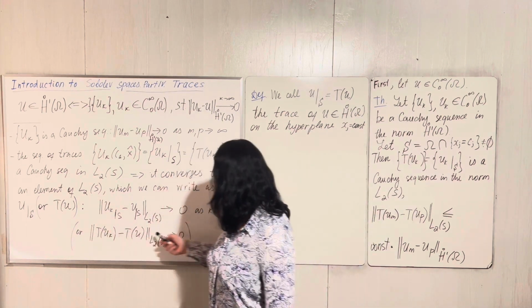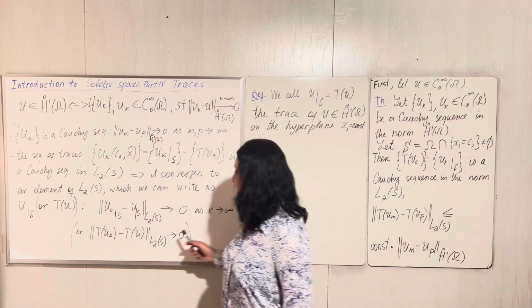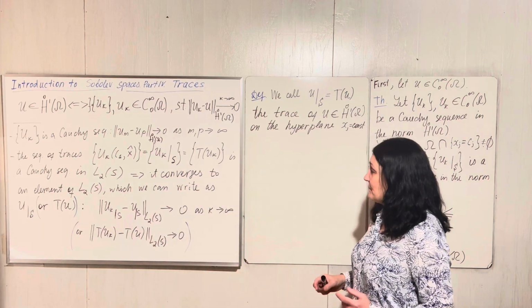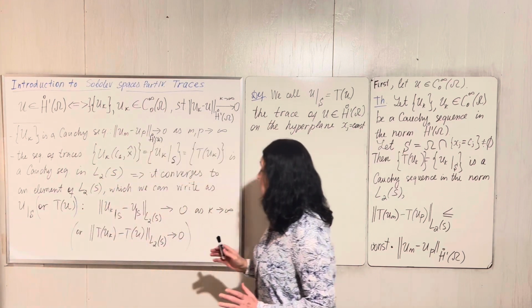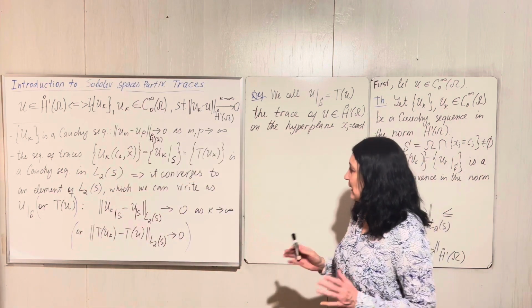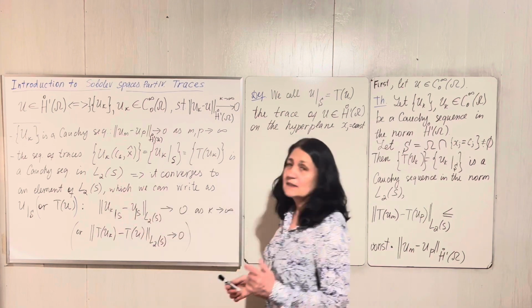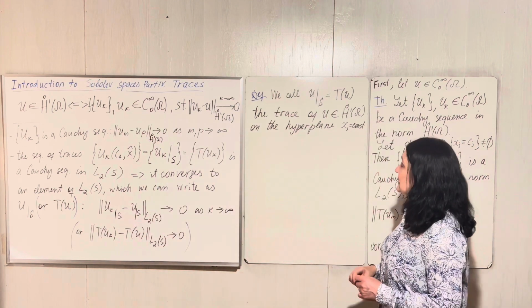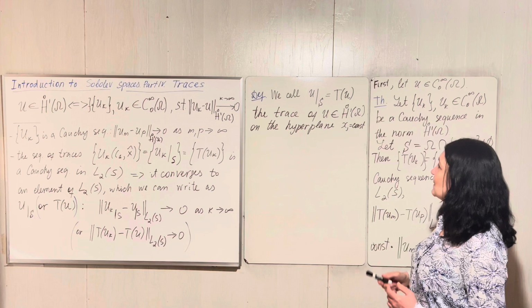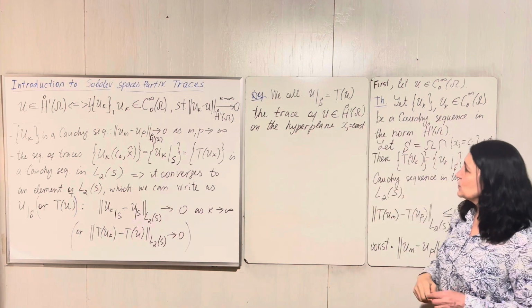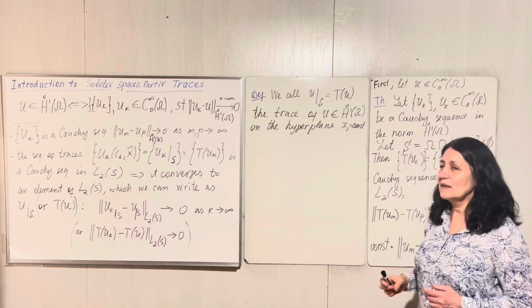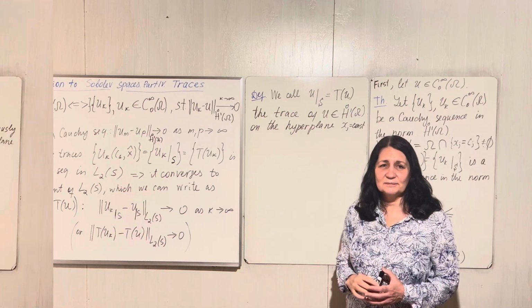Here I again wrote it in different notations. So far, it is just a notation, right? It's the element to which this sequence converges. And now we can call this element the trace of function u from H^1_0 on the hyperplane.